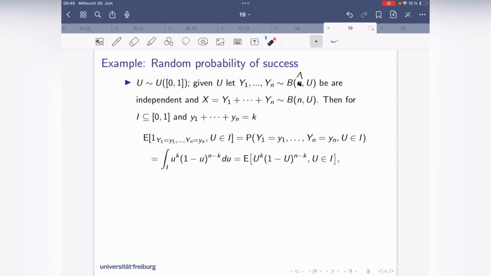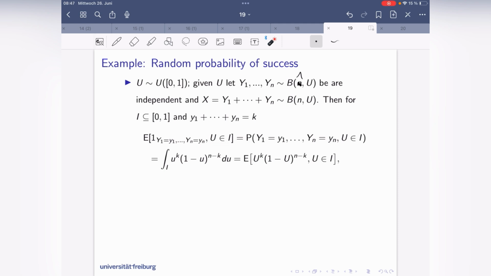So these are single coin tosses, and X is the sum of all these, which is then binomially distributed with n and U. Then consider some interval maybe, or a measurable subset I of 0, 1, and some numbers y_1 to y_n with sum equal to k. Then I can compute here the expectation of this indicator on the set.